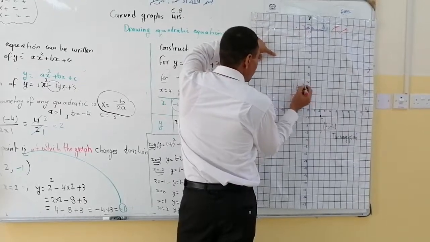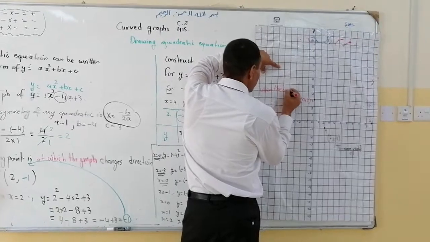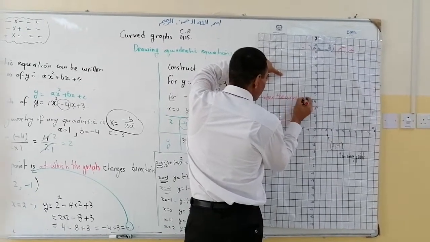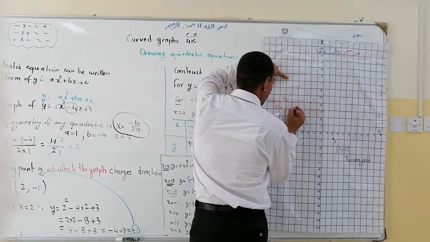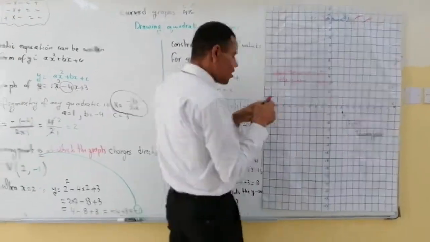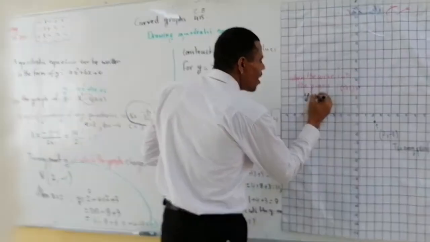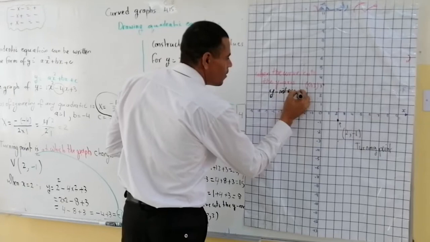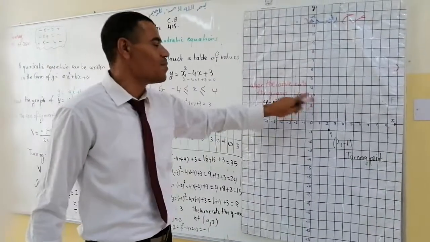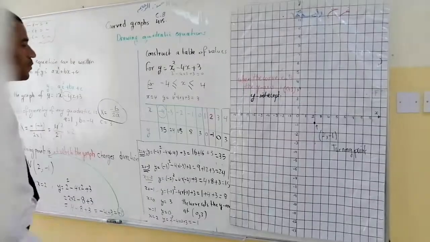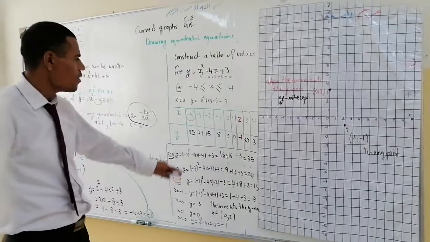In parentheses, it's called the y-intercept. That means your graph should cut the y-axis at this point. Then we plot this one, isn't it?